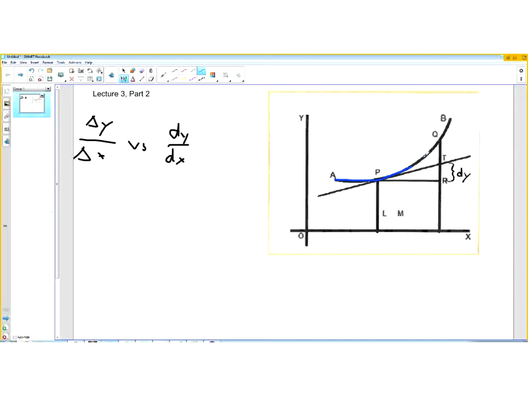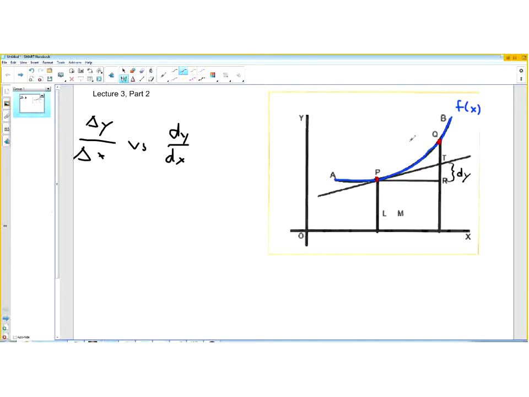So what I'm accentuating in blue is f of x. Okay, so here's f of x. And so points P and Q are points on the function f of x.